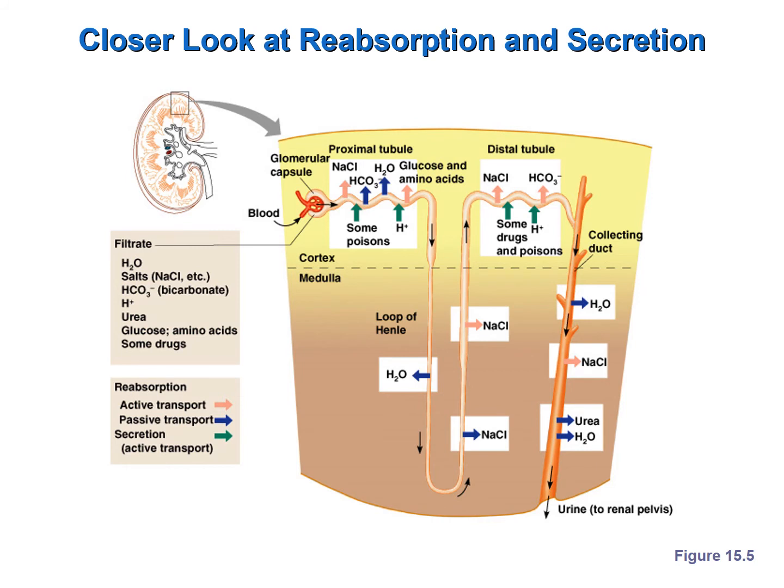Now let's take a closer look at reabsorption and secretion using this figure of the nephron from your book. Here we have the renal corpuscle where filtration occurs, the proximal convoluted tubule, the loop of Henle, and finally the distal convoluted tubule.